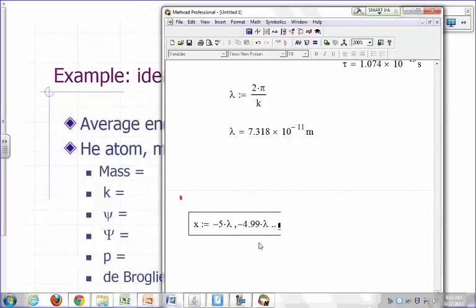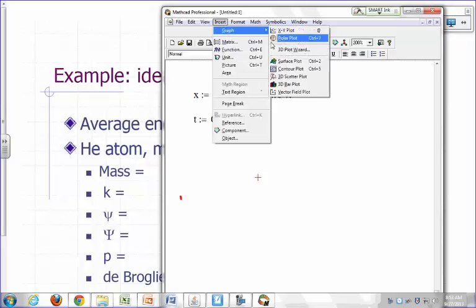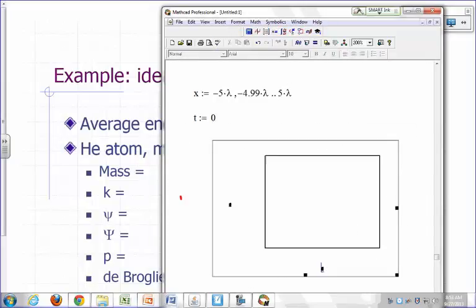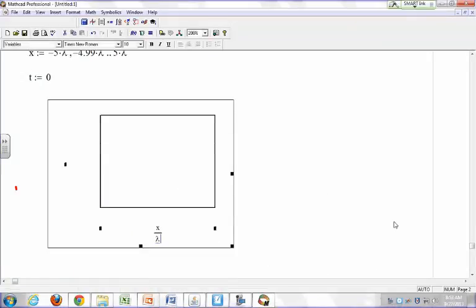And then a semicolon allows you to enter the last number, which is 5 times lambda. Initially I'm going to assume t is 0, and plot that versus x over lambda.